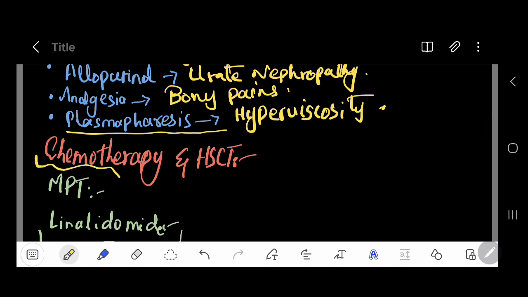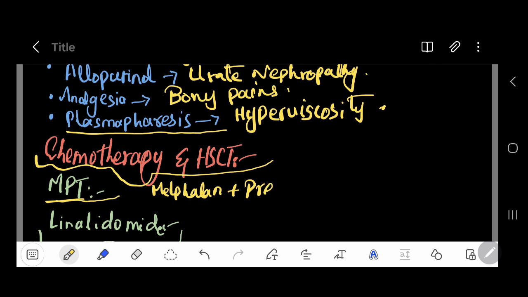Now, what are the chemotherapy options available for multiple myeloma? MPT in older people. M stands for melphalan plus prednisone plus thalidomide.